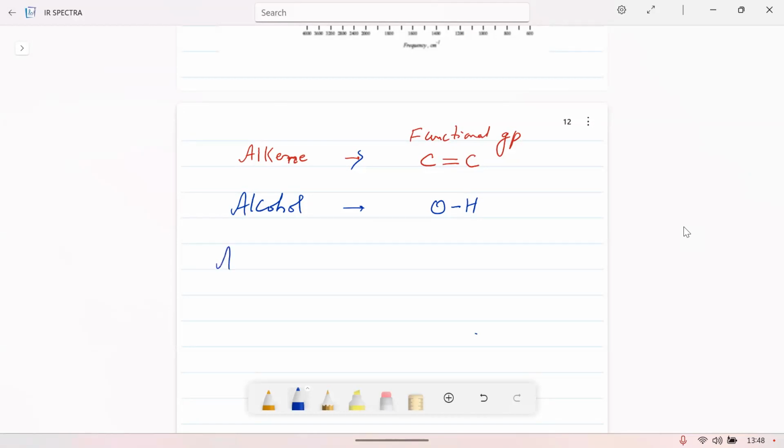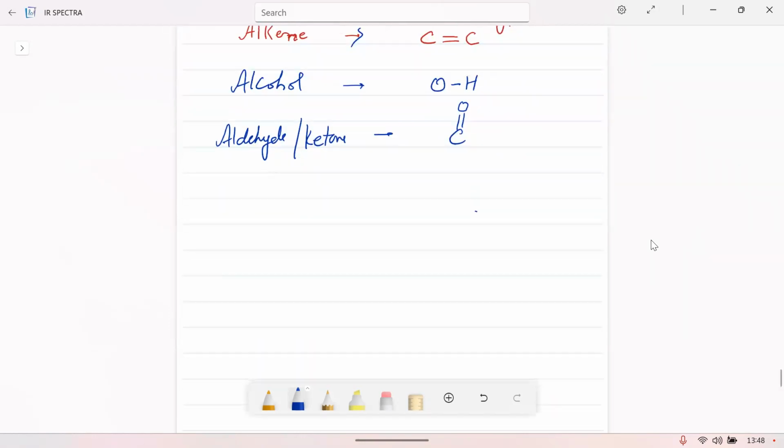If I want to know whether it is an aldehyde or a ketone, then I will search for the C double bond O, that is a carbonyl. However, if I want to know whether my compound is carboxylic acid or not, I will search for the peak at C double bond O as well as the peak due to OH. So I will be looking at two different things: the OH peak for carboxylic acid and the C double bond O peak for carboxylic acid.